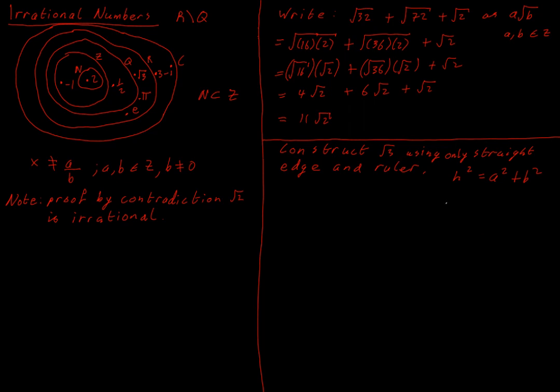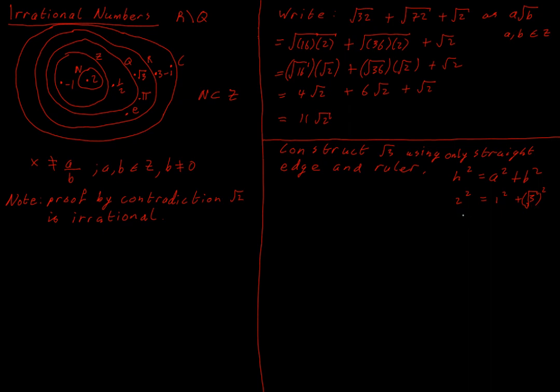So how would I form root 3? Well, this will just require a little bit of experimentation and thinking through. They will almost certainly give you a bit of guidance in the exam. But if we had 2 squared would be equal to 1 squared plus root 3 squared.